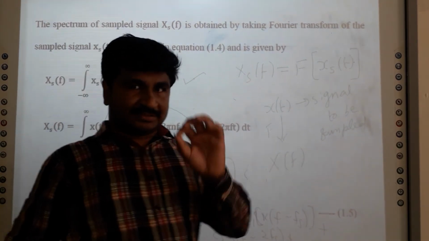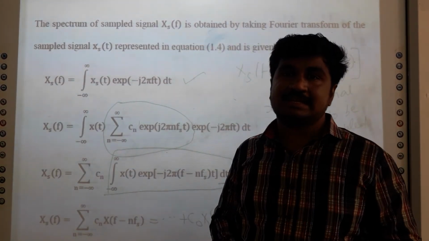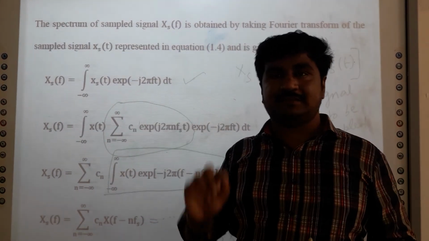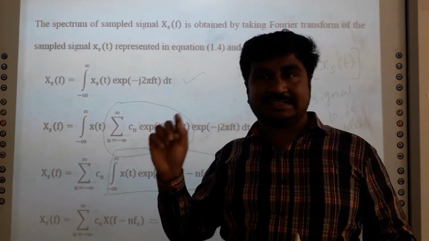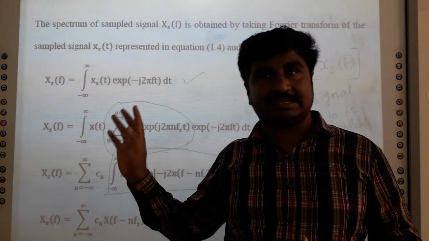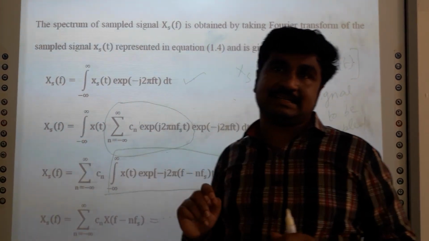So when we do sampling on a continuous time signal, in the time domain we will have the discretized amplitude at different time instants, which are all periodic in nature.